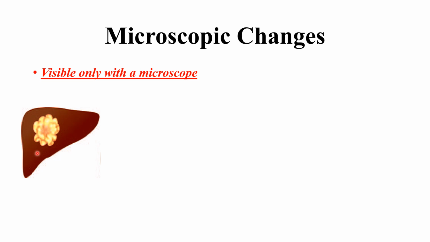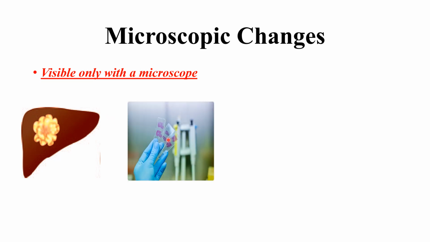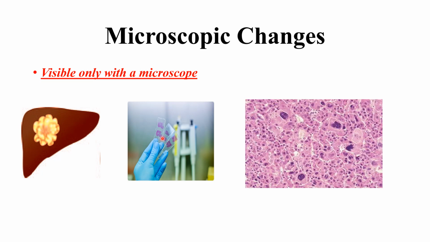If you take out some tissue bits from it, make slides, stain them and see under the microscope, you will see large cancer cells of the liver. The changes that you see in the cells at the microscopic level are known as microscopic changes.